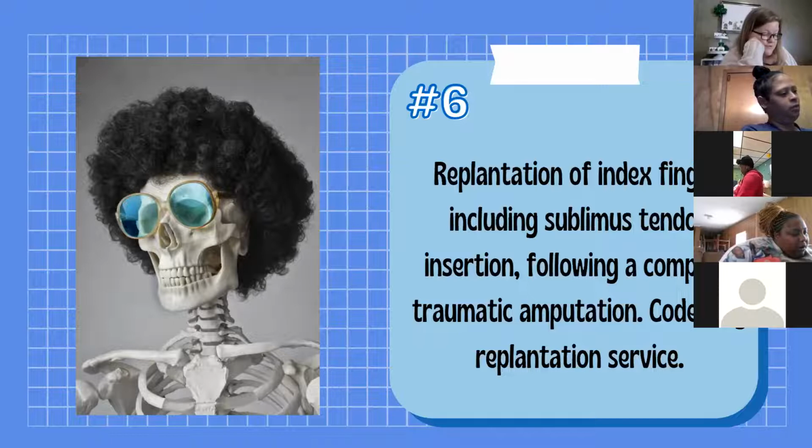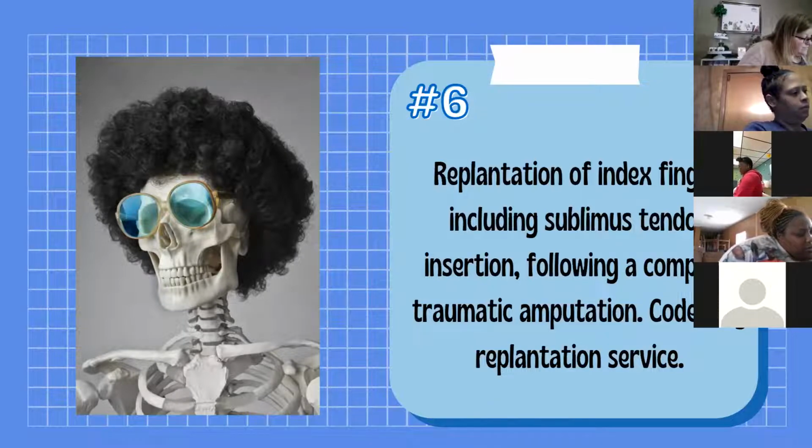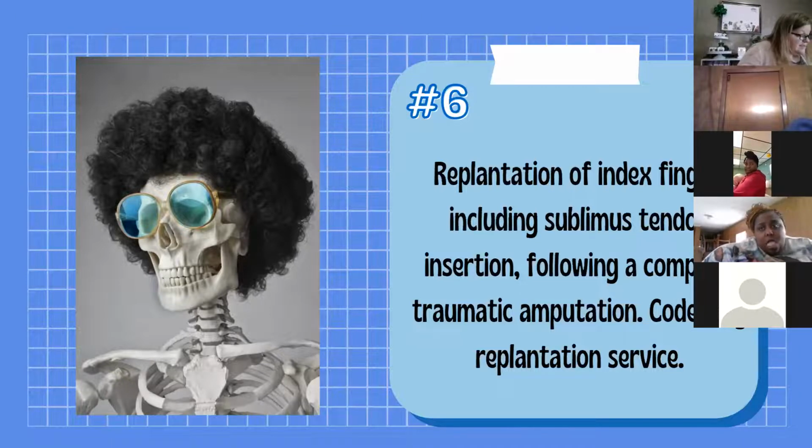Which do y'all think we're going to use? It's within that range. 20816 is replantation of a digit excluding the thumb, right? But it's going to be 20822.